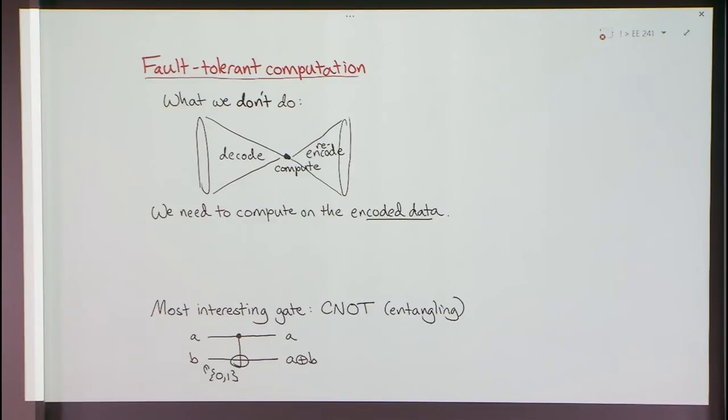Now, for a code to be interesting, we have to be able to compute on top of it, and that's another reason why the surface code is interesting, because it lets you compute pretty easily. And here, I guess the main moral is that we don't just decode the code, compute, and then re-encode the code, because first of all, decoding is quite complicated.